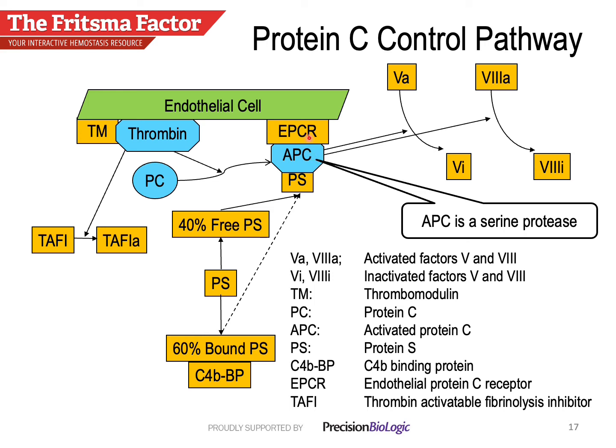Endothelial protein C receptor binds APC to the surface, and the bound APC digests activated 5 and activated 8. Meanwhile, the thrombin-thrombomodulin complex activates the thrombin-activatable fibrinolysis inhibitor.